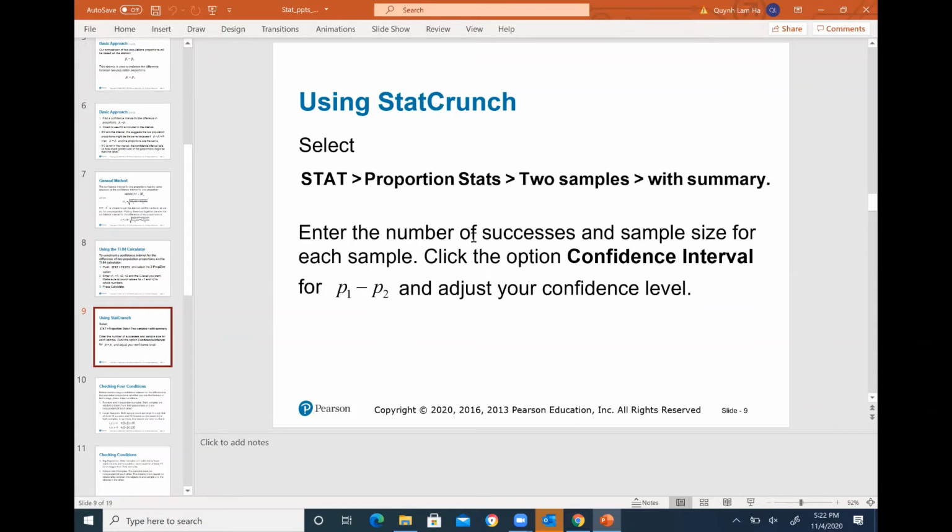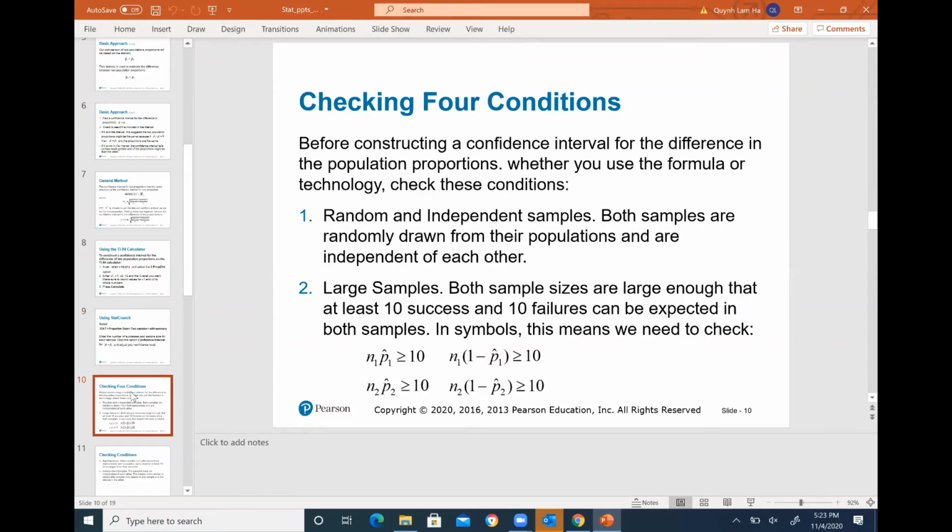And then we enter the number of successes and the sample size for each sample, click the option confidence interval for P1 minus P2, and adjust the confidence level. Later I'm going to show you how to enter it.